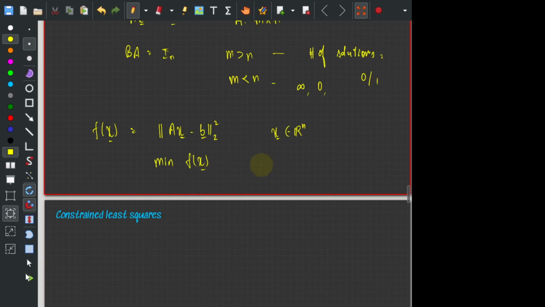So x star is equal to... Again, all of this is true under what condition? Yes, the rank is equal to n.